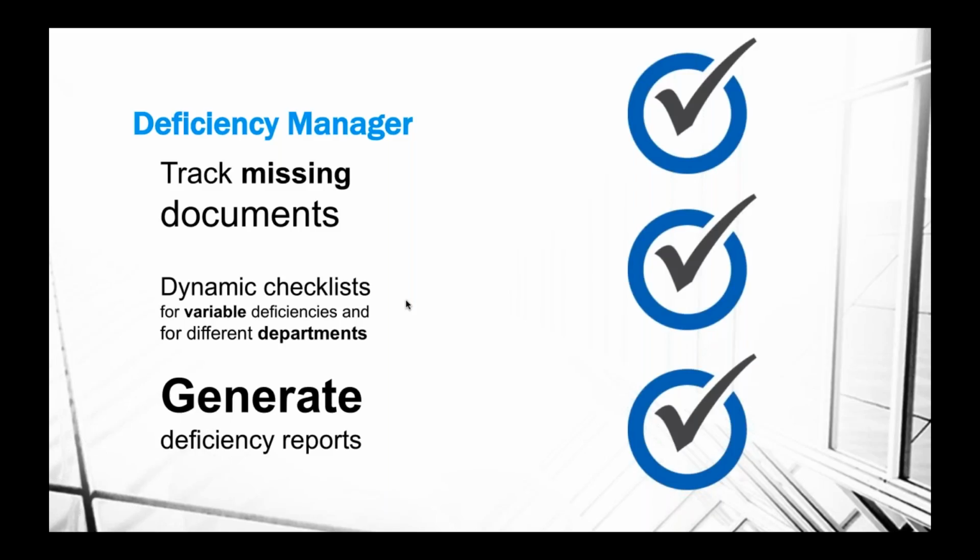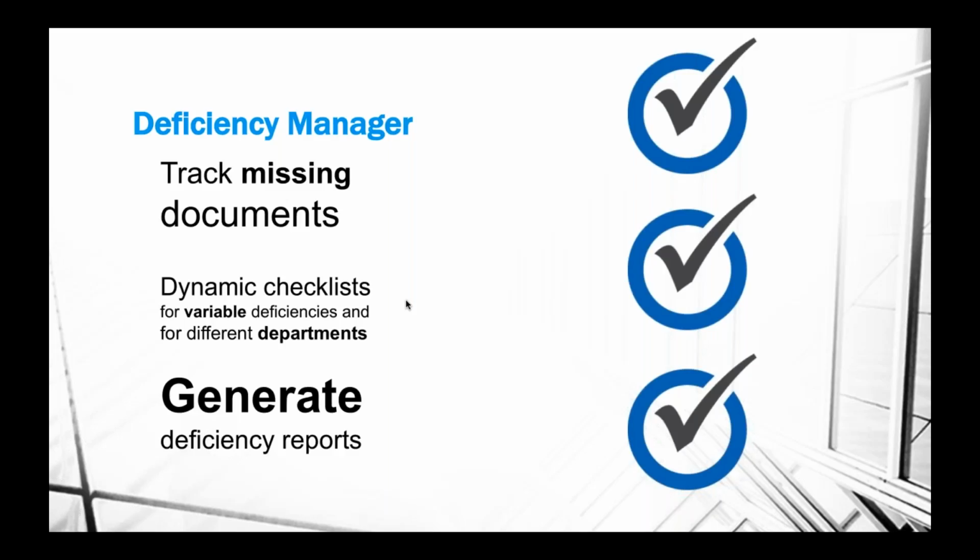So hopefully that makes sense, but the end result is just making it very simple for users. Rather than having multiple places to check to accommodate these different types of deficiencies, we simplify it into one simple checklist and dynamically account for that variance between different departments, different states, whatever the case may be.